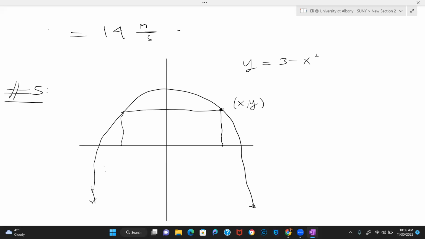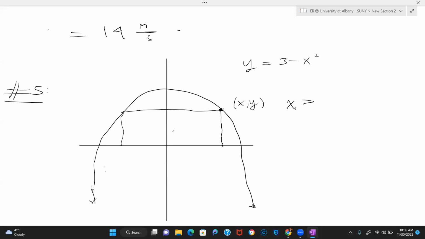That's how I label it in the picture, at least. We want to find the x that maximizes the area of this inscribed rectangle. You can imagine this point right here is like you can slide it along the parabola.